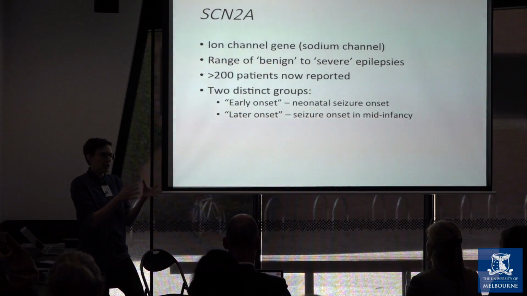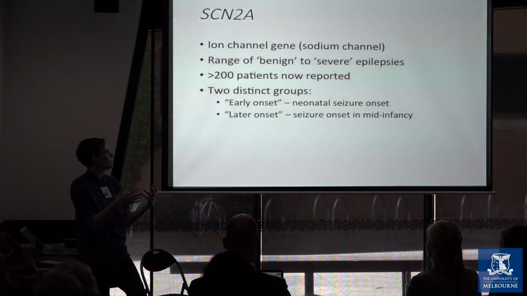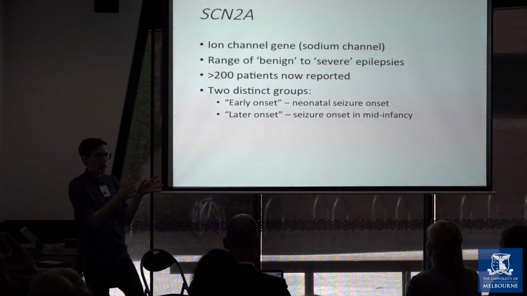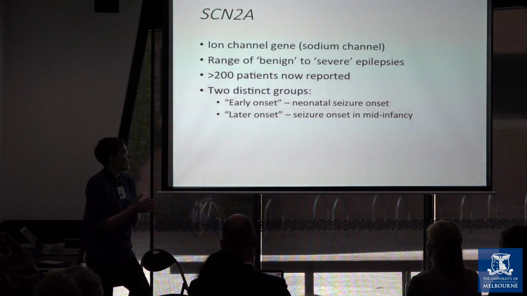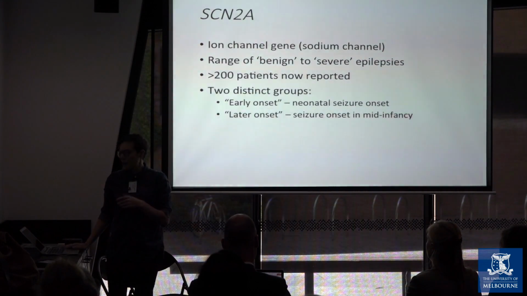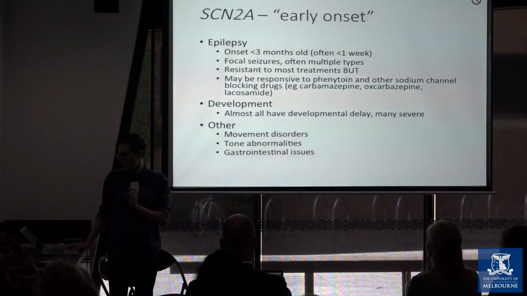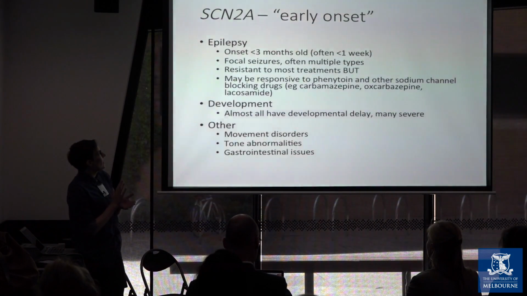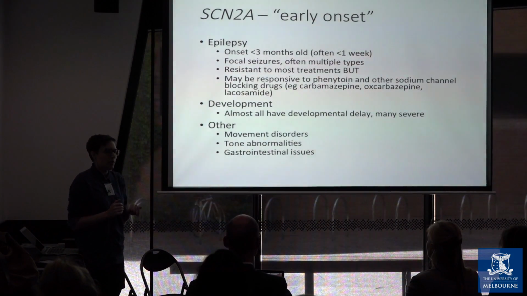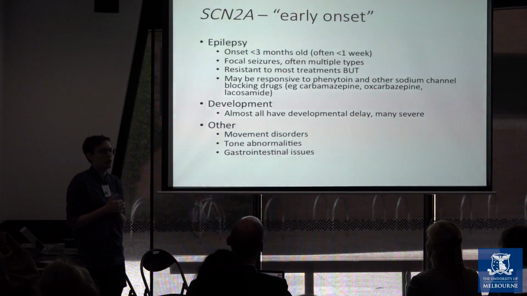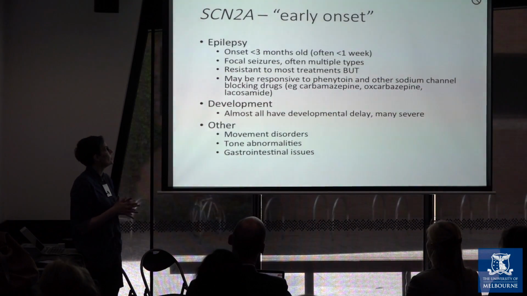The one we appreciated earlier and for which there are more patients described is a group where there's a neonatal onset of seizures, and another increasingly recognised group is those that don't start having seizures until mid-infancy, and the seizure type is different. So just to expand on that a little bit further, those with the early onset seizure phenotype present with seizures at less than 3 months, most commonly actually in the first week of life, so seizures are actually usually the first thing noted.